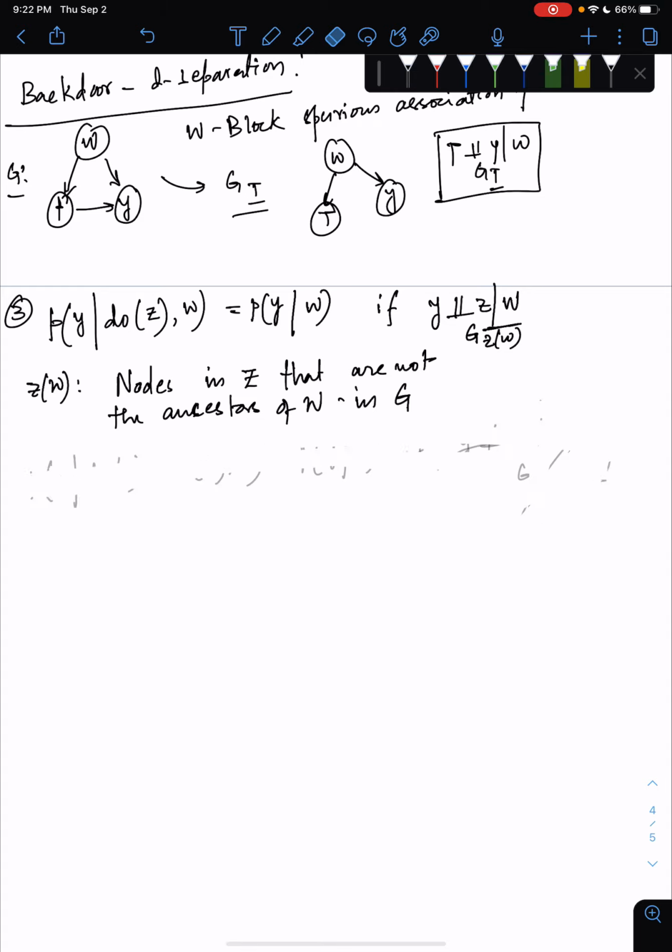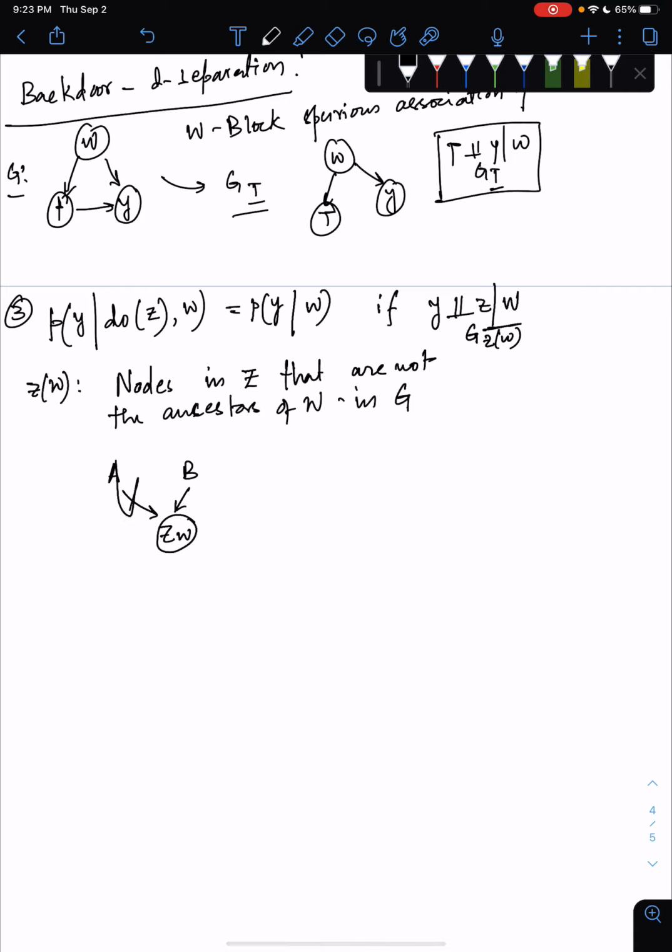Now let's understand the utility of this particular node. So this graph is taken from Brady's lecture.